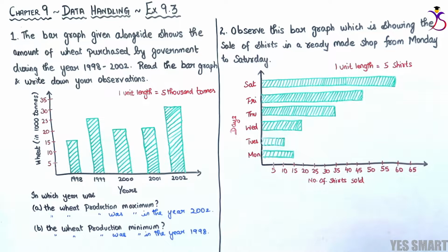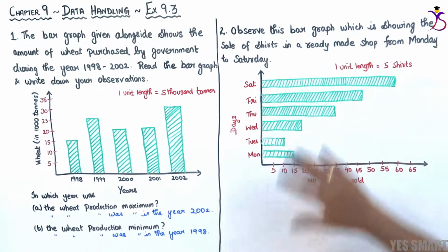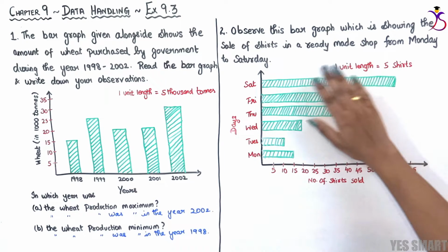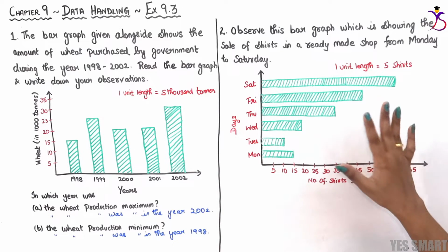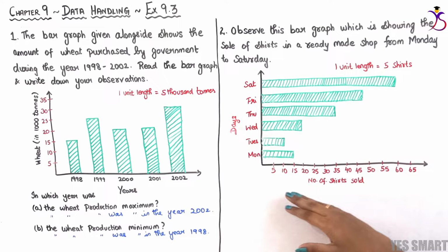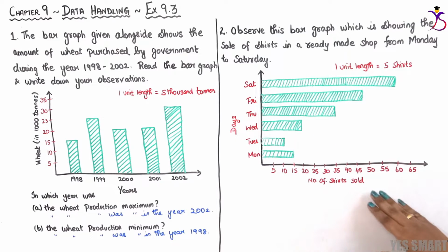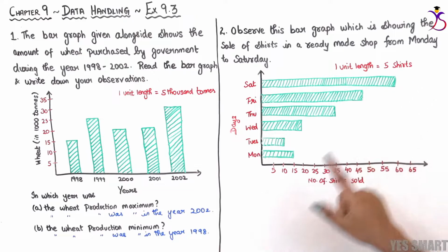Now, second sum. Observe this bar graph, which shows the sale of shirts in a ready-made shop from Monday to Saturday. Here they have displayed the number of shirts sold in a particular week. They have given the days from Monday to Saturday, and here they have given the number of shirts. 1 unit length equals 5 shirts, so the graph goes 5, 10, 15.